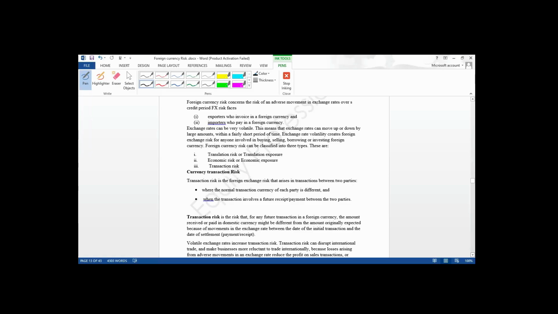For that future transaction, the amount received or paid in your local currency might be different from the amount originally expected, because there is fluctuation in exchange rates between the date the transaction is entered into and the date settlement is done.